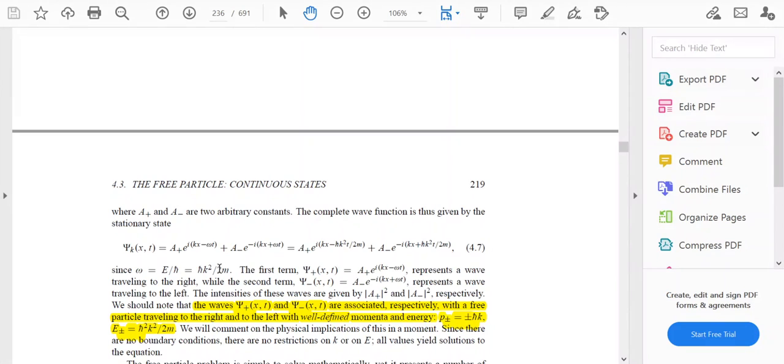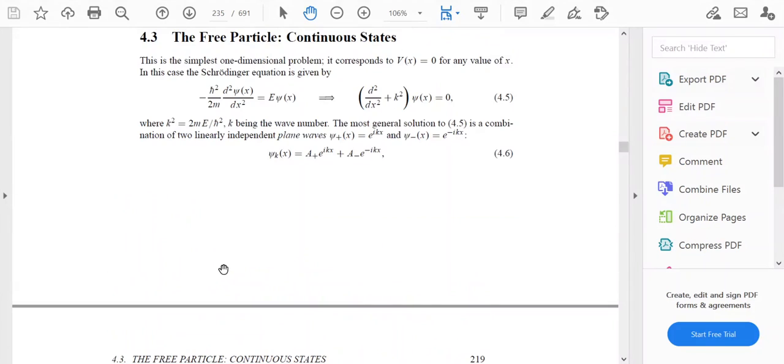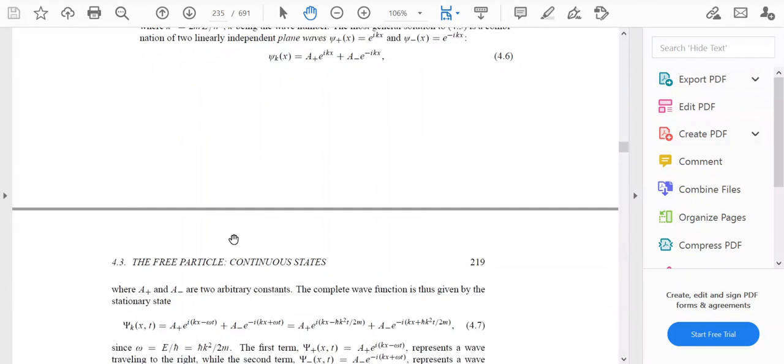So in this equation we are replacing omega by this term, because you see here k square is equal to 2mE by h cut square, and we have used this expression.